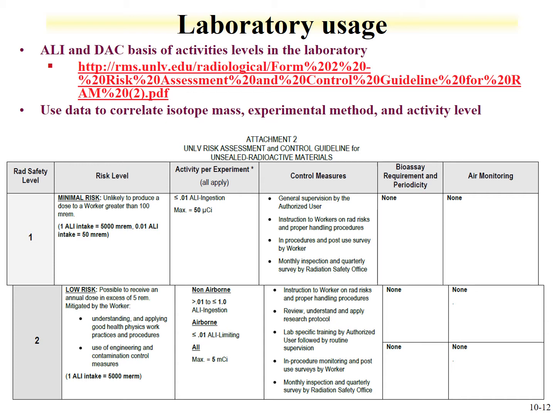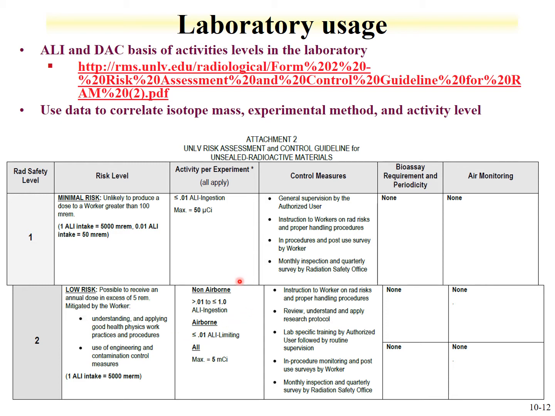So for instance, if all the isotopes that one is working with have an annual limit of intake for ingestion of 0.01 or less of an ALI, that's at a rad safety level 1. Very basic work. A wide variety of people can work with this.